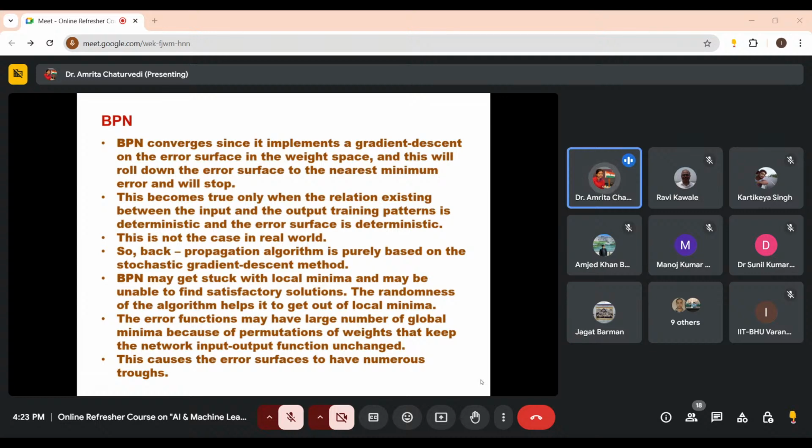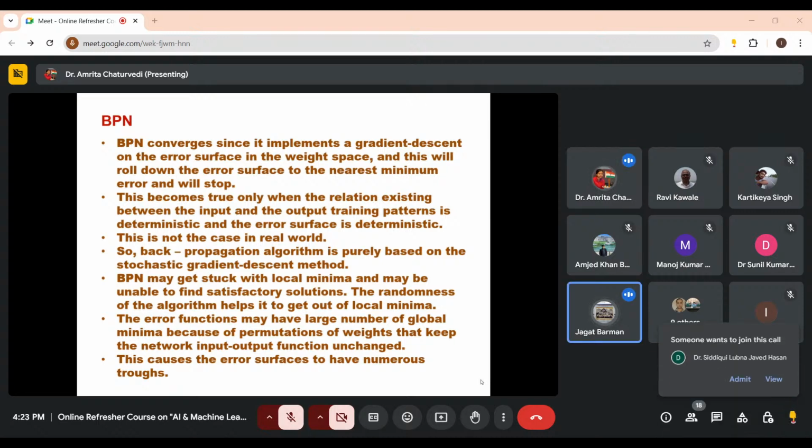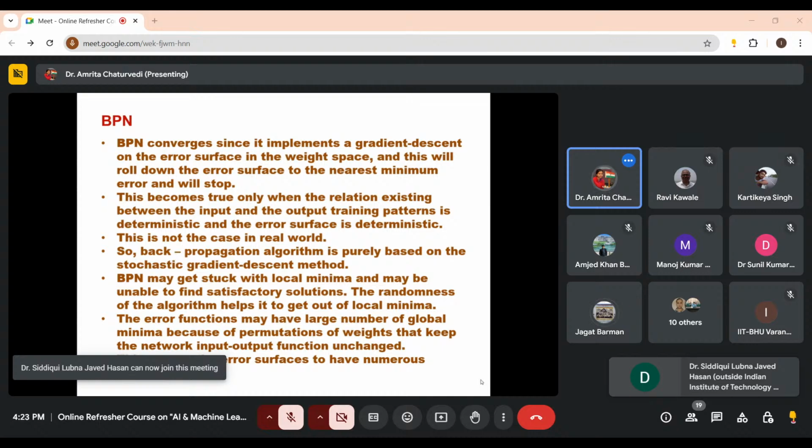BPN may get stuck in local minima and may be unable to find a satisfactory solution. So the randomness of the algorithm helps it to get out of the local minima. The error function may have a large number of global minima because of permutations of weights that keep the network input-output function unchanged. This has numerous troughs.